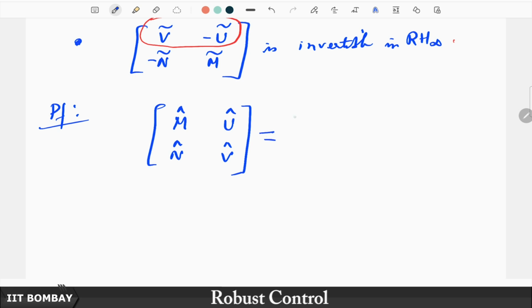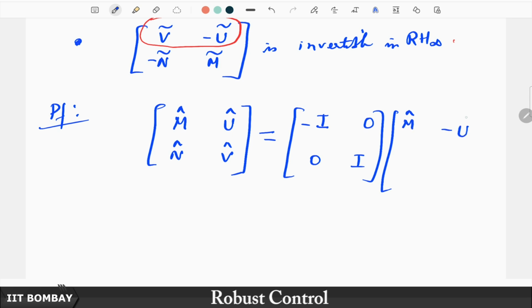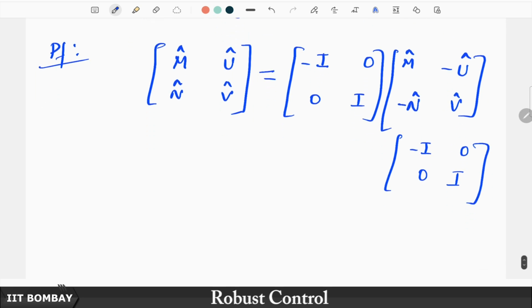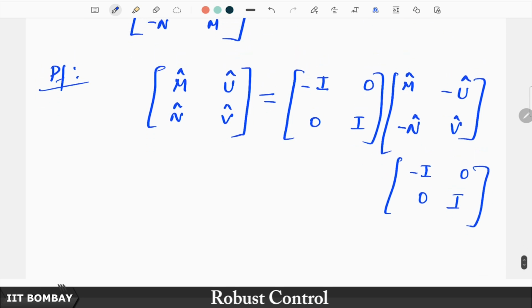This is equal to minus I 0 0 I times M hat, minus U hat, minus N hat, V hat, times minus I 0 0 I. You see, this relation is true, you can readily check.